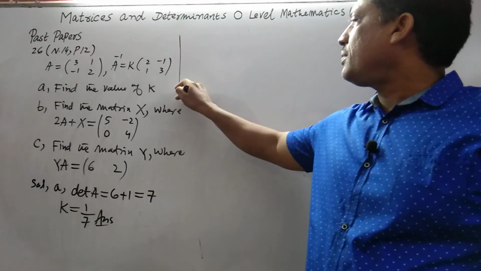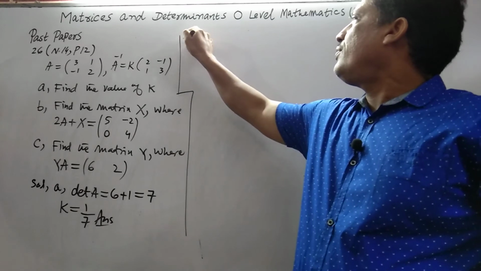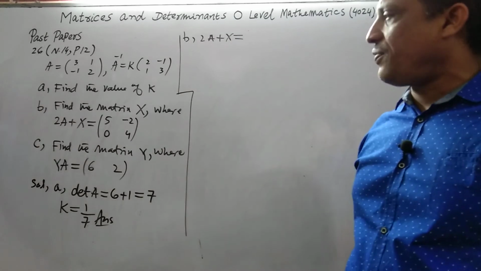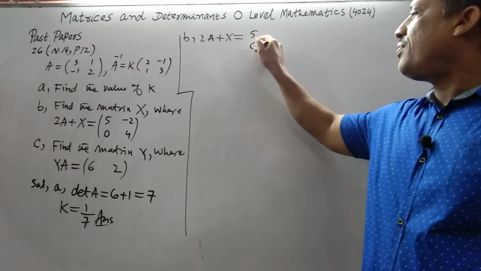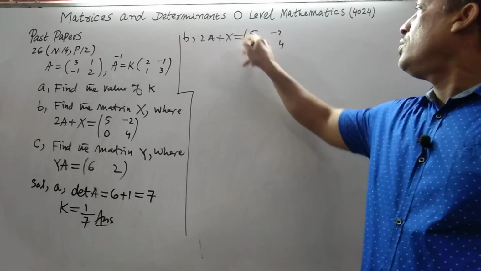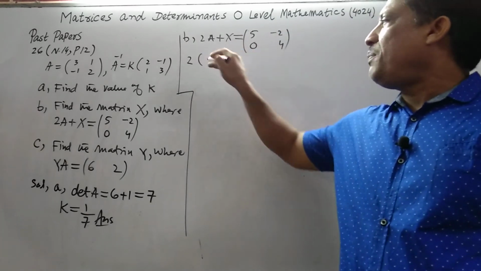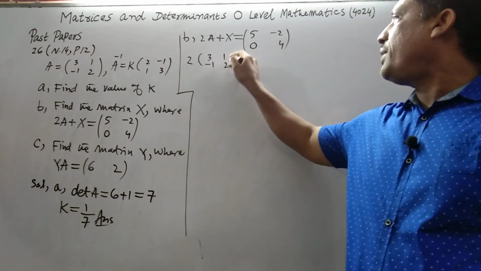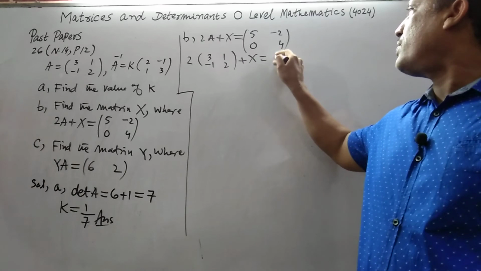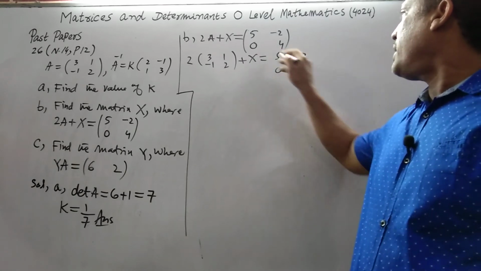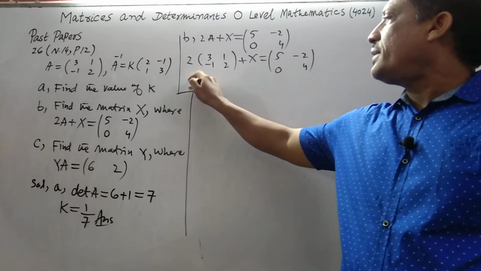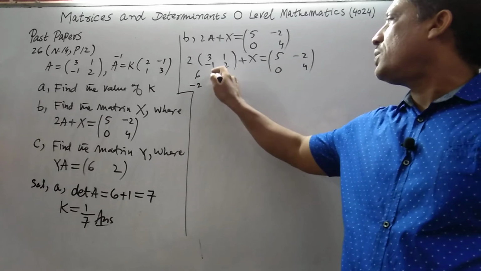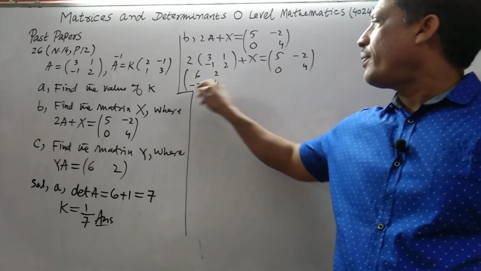What is the next part? Find the matrix X where 2A plus X equals [5, 0; -2, 4]. So 2 multiplied by A, where A is [3, -1; 1, 2], plus X equals [5, 0; -2, 4]. 2 3s are 6, 2 minus 1s are minus 2, 2 1s are 2, 2 2s are 4.